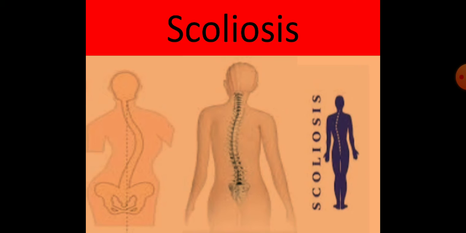S curve is more dangerous than C curve, because the spine is moving to both sides from different parts. So this is a single C curve, a single left curve, which is known as C curve. You can see the spine is shifting sidewards.